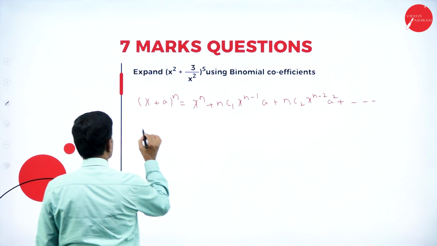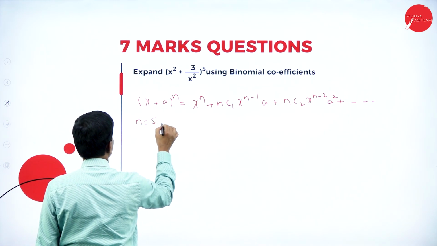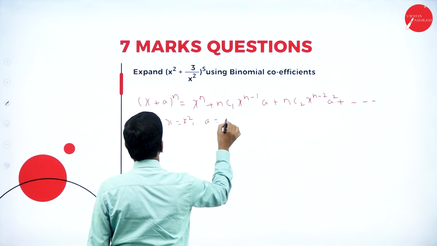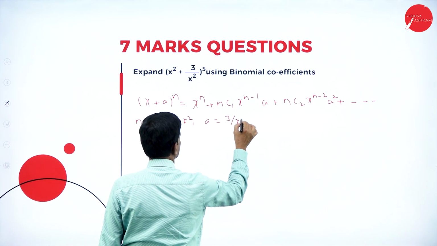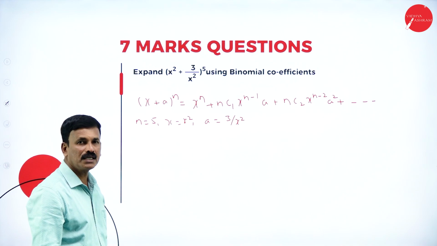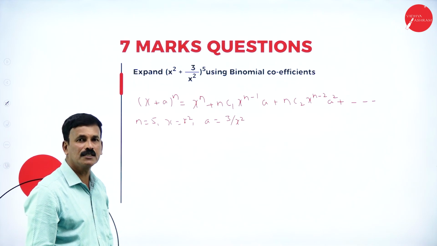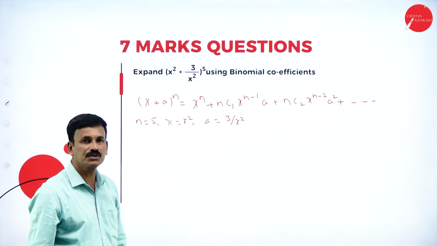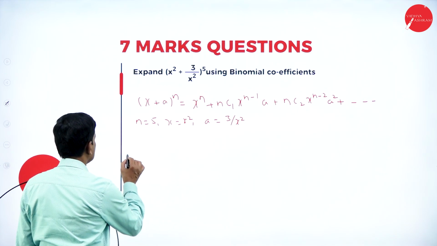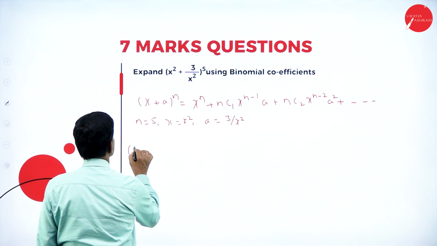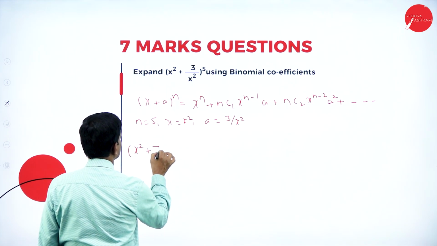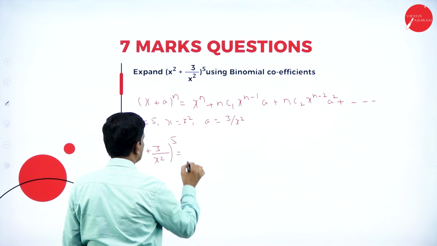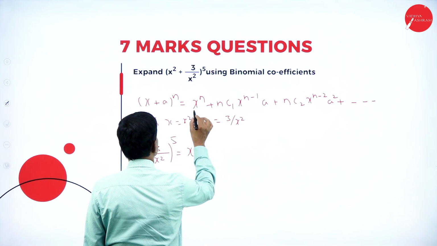Now here if you observe carefully, n is equal to 5 and x is equal to x square and a is equal to 3 by x square, right? So comparing with x plus a to the power of n, n is equal to 5, x is equal to x square and a is equal to 3 by x square. Substitute here. So therefore this x square plus 3 divided by x square all to the power of 5 can be written as x to the power of 5.